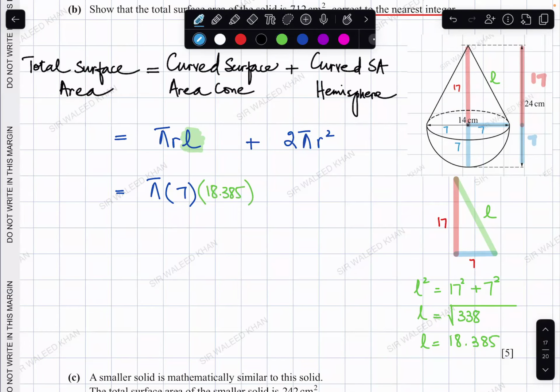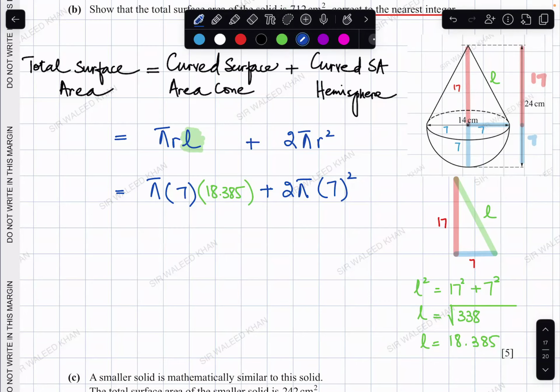Plus 2 pi r square, which is 7. Yes, Eva, what do you ask? Sir, why won't we add the area of the circle in the total surface area? Okay, good question. If we have a solid, for example, you are eating an ice cream.